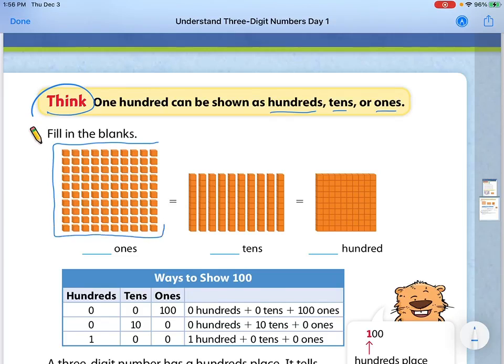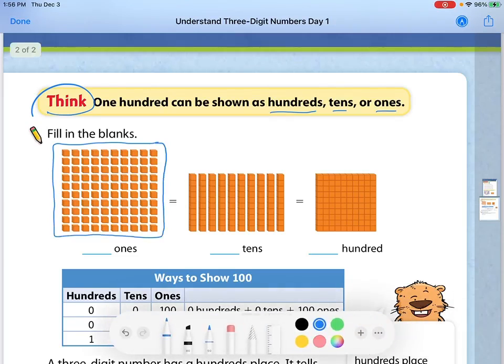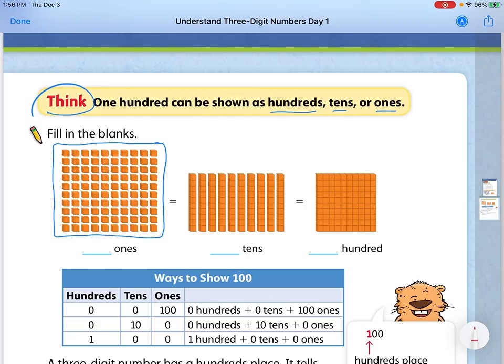They're all spread out, they're all separate. So the number 100 has how many ones? You are correct, it has 100 ones. Okay, let's look at the next group. Or 100 can be looked at as how many tens?